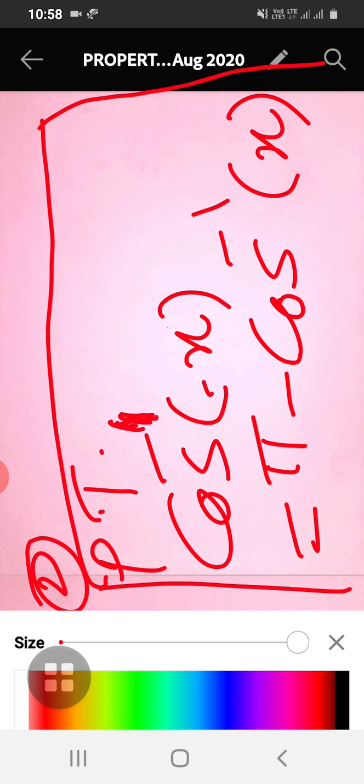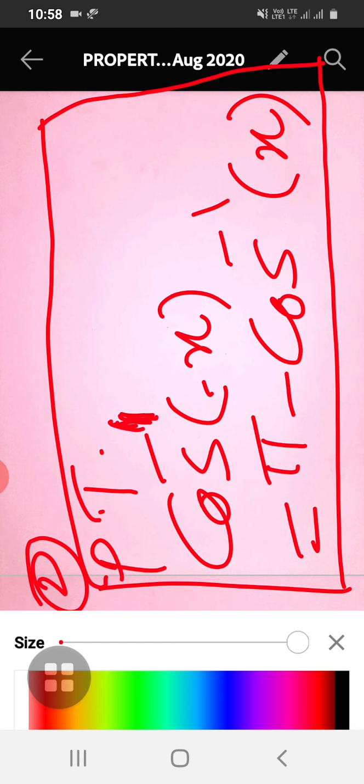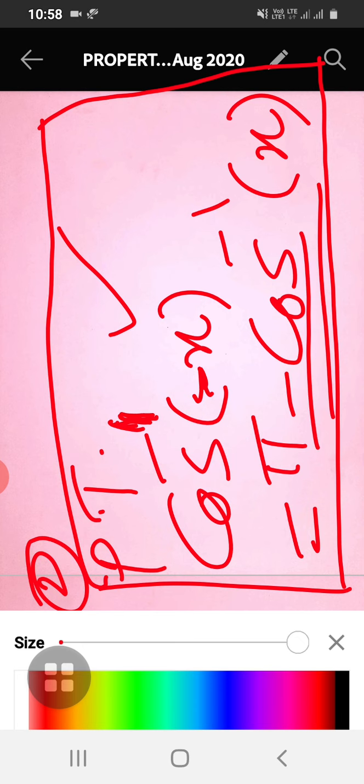First we have to write the property. This is the second property. Prove that cos inverse of minus x, a negative angle is there, is equal to pi minus cos inverse x. We have to prove this one. So you write this question separately, then you go on writing the solution.